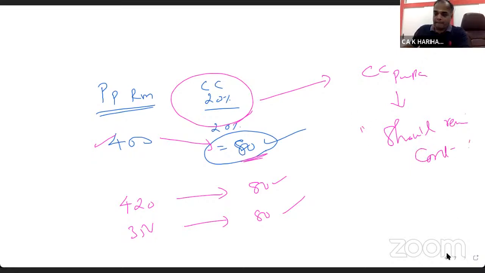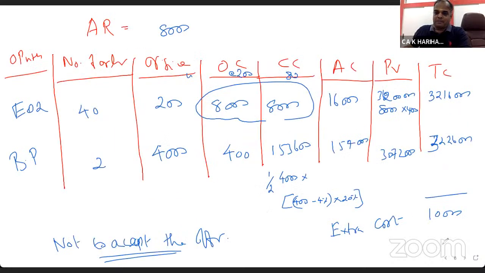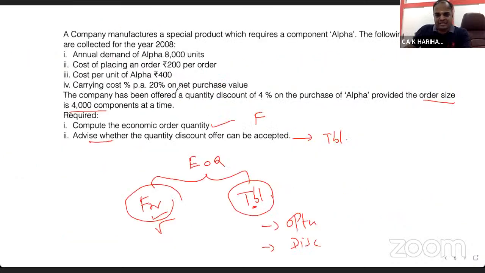Very good point. But in this problem, we have taken carrying cost as 400 into 20%, which is 80, of which we applied half of the order size. Whereas here, after discount, we applied the 20%: 400 minus 4%, into 20%. Why has the carrying cost changed in this answer? Because the question specifically says carrying cost is 20% on net purchase price.